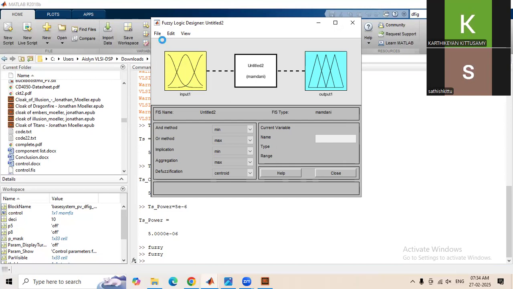Here one dialog box will open. In this file, import from file. I have sent the fuzzy file, control.fis, that has to be imported here.